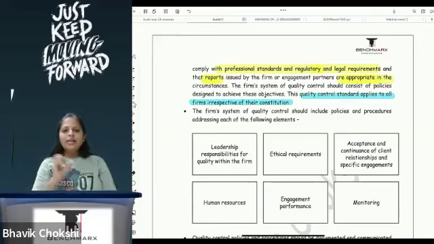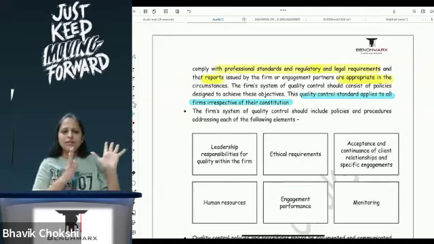Okay, now appropriate in the circumstances का मतलब क्या है? रिपोर्ट रेगुलेटरी लीगल रिक्वायरमेंट, we all know कि अपने को ये सब चीज़ें करने का है, and this is what is applicable. So if I am a bank, this is what is applicable to me. If I am into say education, then these are the rules which are applicable to me. Then it will be under GST, service tax, whatever it is.